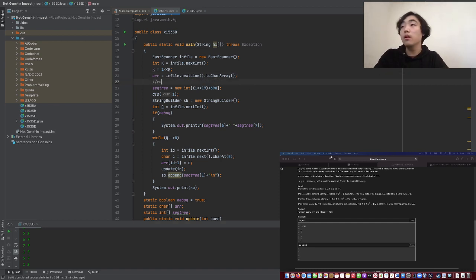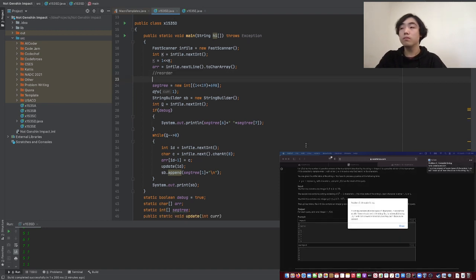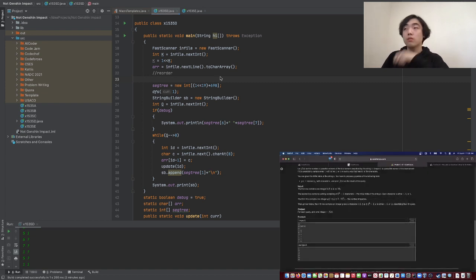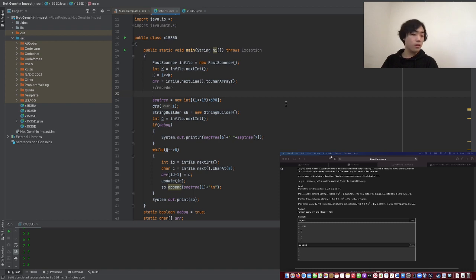So let's reorder. Or I guess, hold on. If we reorder it like this, 4, 5, 6, 7, those would go first. So basically, numbers with a larger significant bit go first, and then to tiebreak, they go in increasing order.